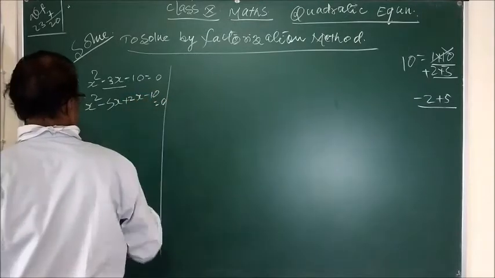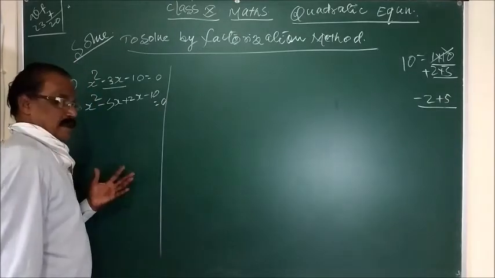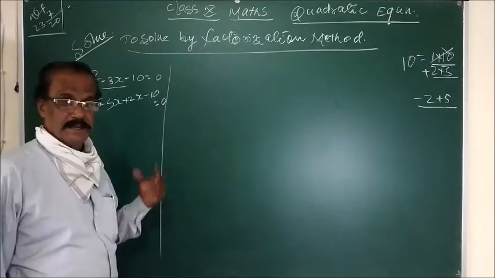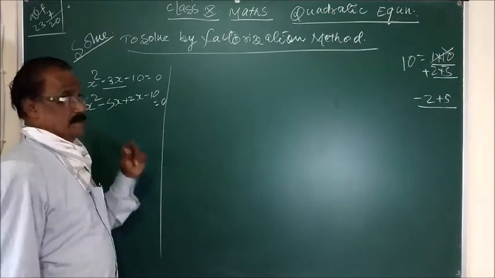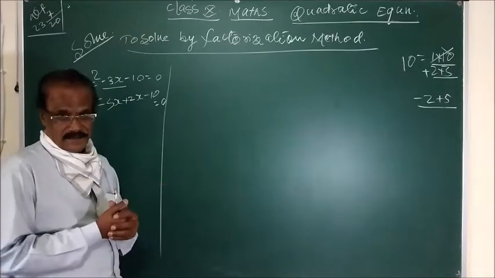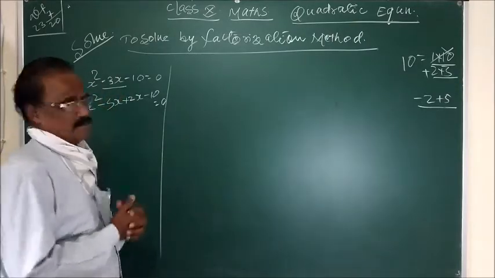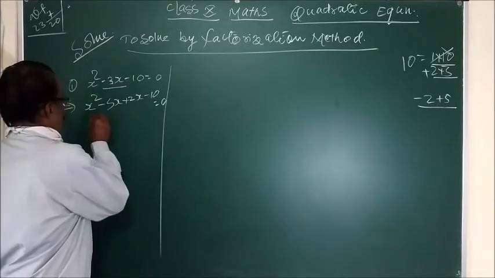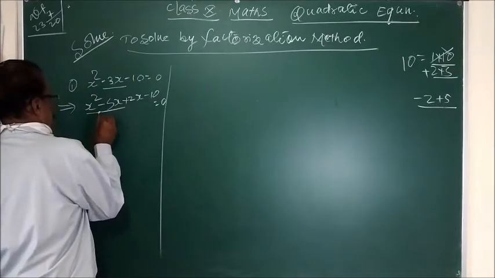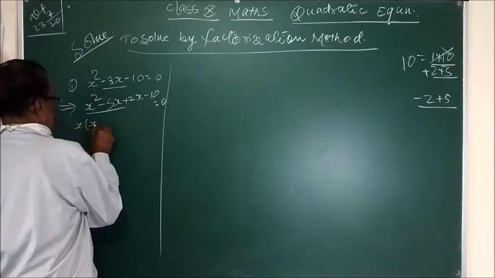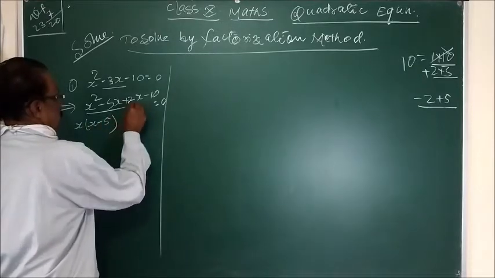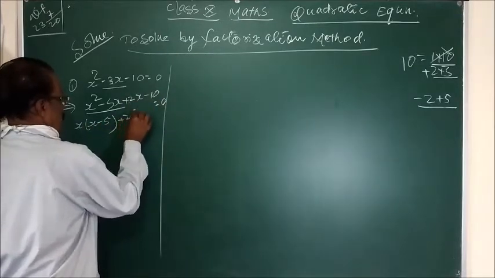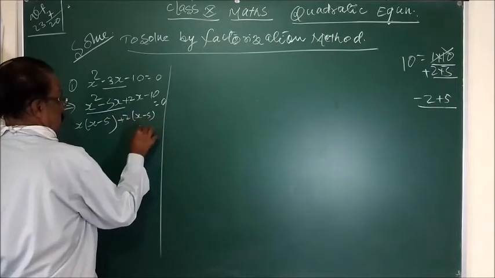I suppose you must have learned factorization in class 9, so it will be easy to factorize. In this pair, x is common: x minus 5. And in these two, plus 2 is common: x minus 5.